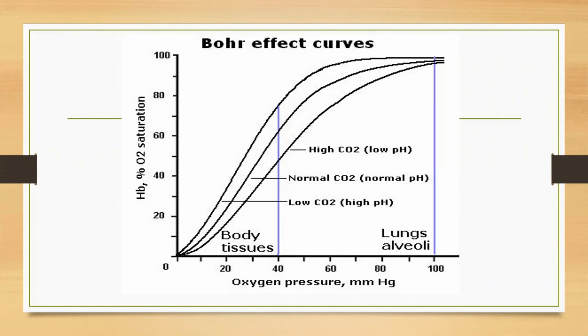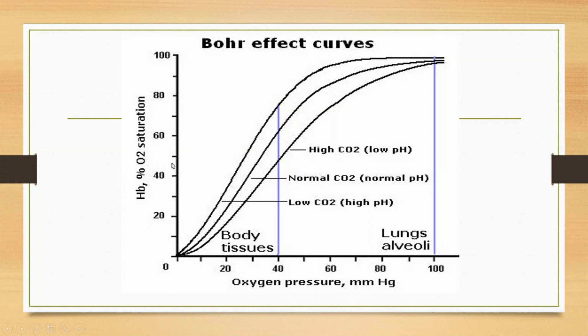On the x-axis we have the partial pressure of oxygen in mmHg, millimeters of mercury: 20 mmHg, 40, 60, 80, and 100 mmHg.